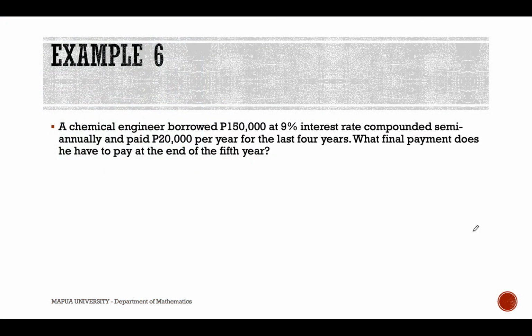For example, a chemical engineer borrowed 150,000 at 9% interest rate, compounded semi-annually, and paid 20,000 per year for the last 4 years. So what would be the final payment at the end of the 5th year? So let us construct our cash flow diagram. So 150,000 is a present value, at year 0.